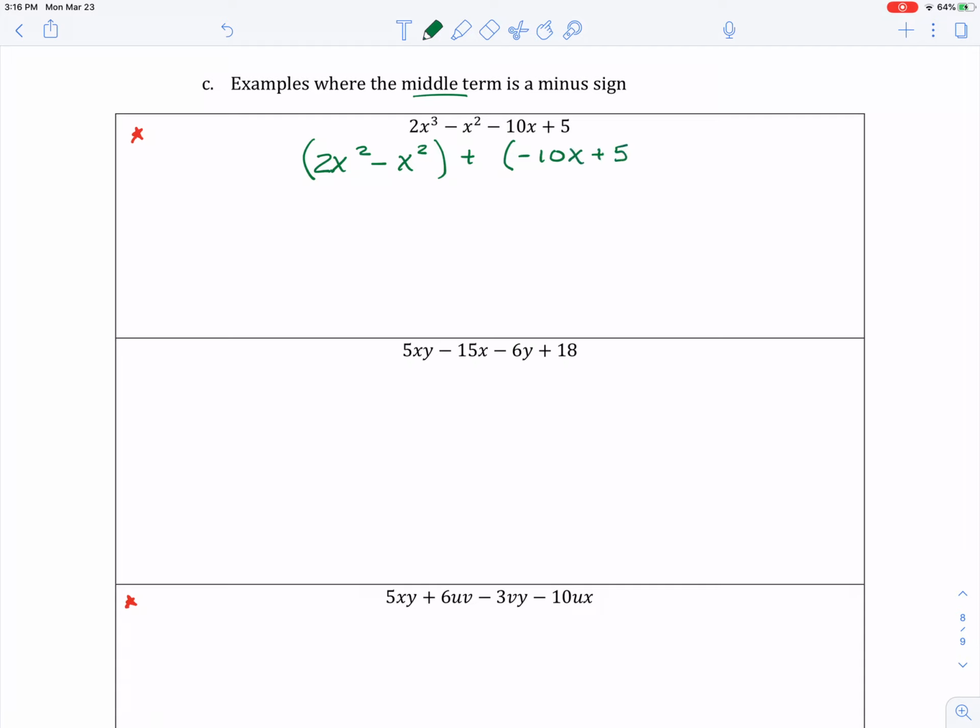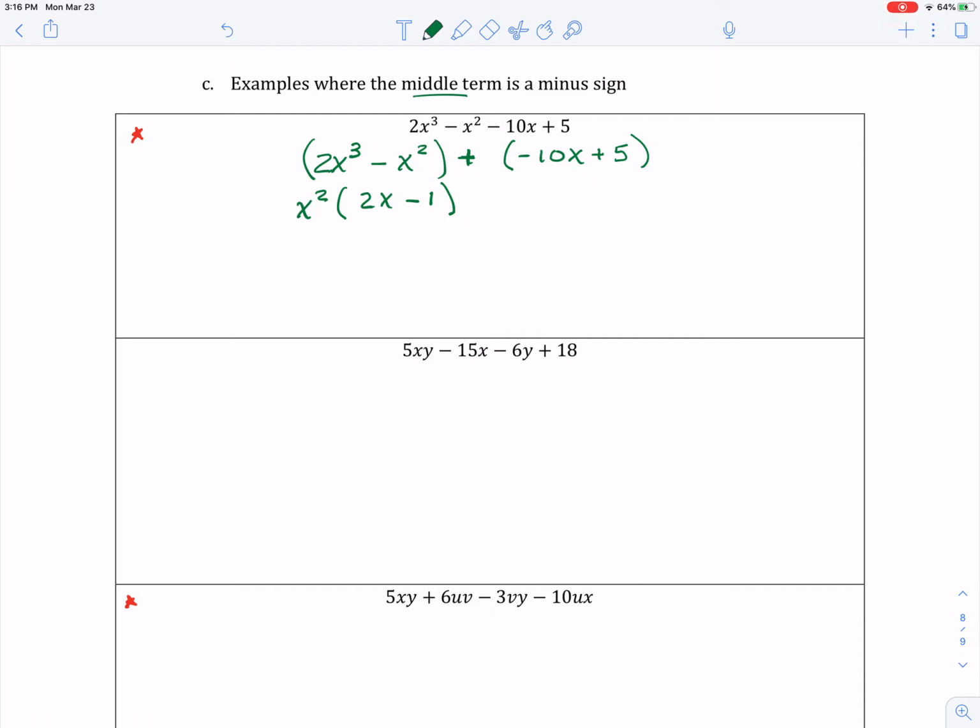Now notice how I stuck this plus in the middle just to keep them separated for a moment, the parentheses separated, and I made sure to keep the negative sign attached to the 10x. Okay, so let me, oops, I see a mistake. This was supposed to be a 2x to the third there. So on the first pair, the first binomial, I look for the lowest exponent there, and it's a 2.